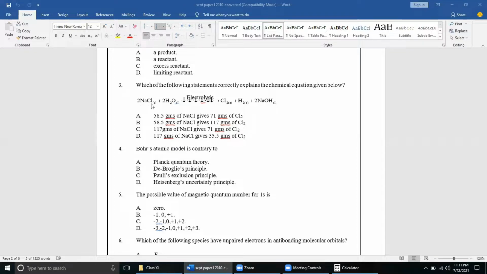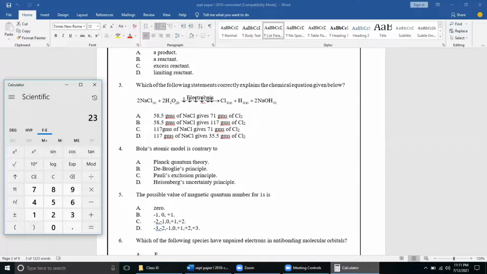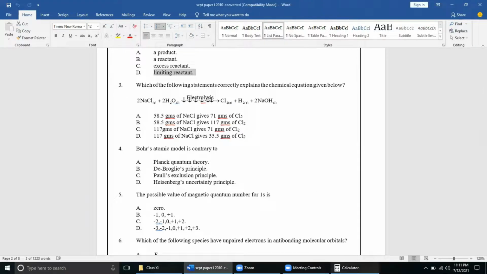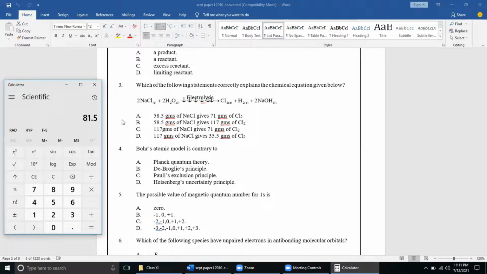The molecular mass of NaCl is 58.5. How? Sodium is 23, chlorine is 35.5. 23 plus 35.5. This is the molar mass. 35.5 is the mass of a chlorine atom.